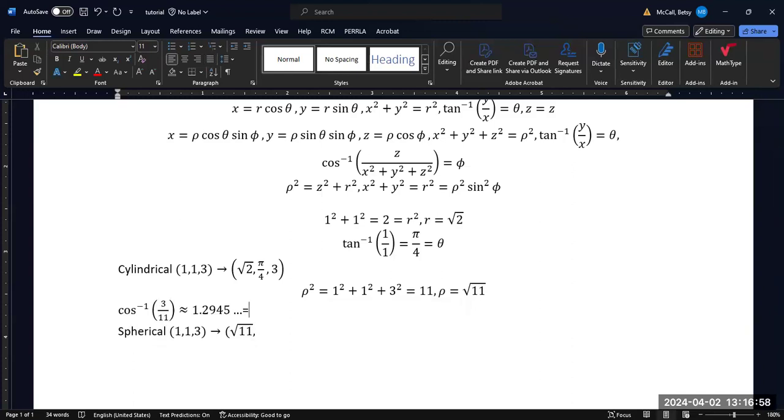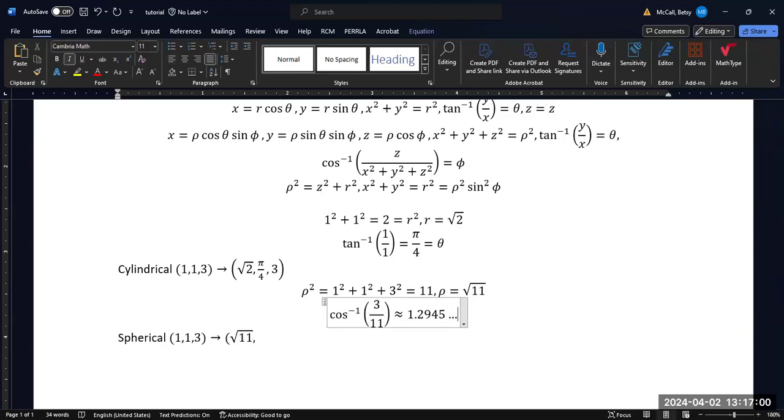Recall that phi starts at the positive z axis, that's where it's 0, and then the xy plane is pi over 2, and then the negative z axis is pi. You should only have angles in there, so you don't have to worry about adding or subtracting anything to the inverse cosine, because the inverse cosine is automatically going to get you angles in that space.